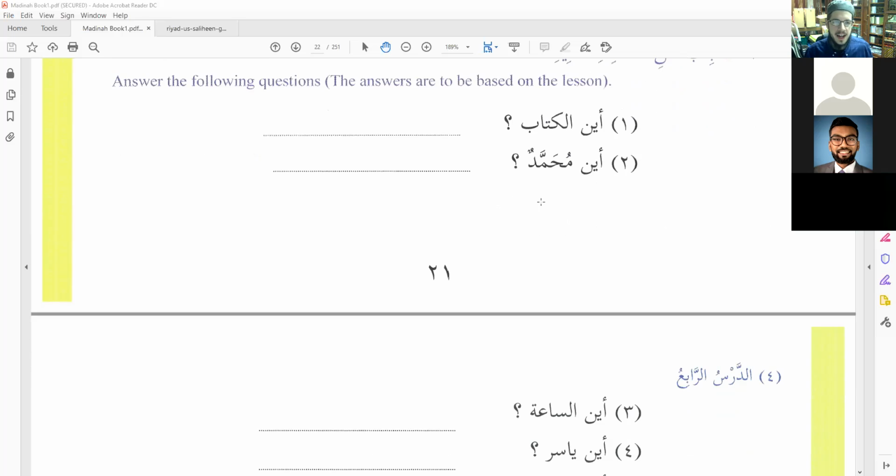And so thank you for adding that. Muhammadun fil ghurfati. And so what does that mean? Just translate it for us. Where is Muhammad? And Muhammad is in the room. Excellent work. Very good. So we heard how Muhammadun, which is marfu' because it's the mubtada, fil ghurfati, in the room.